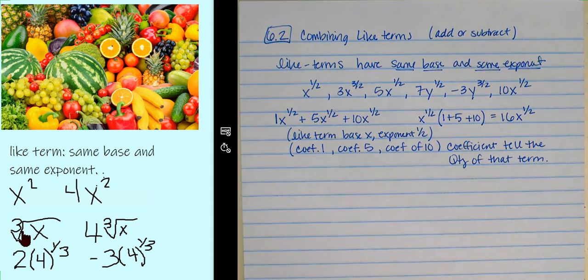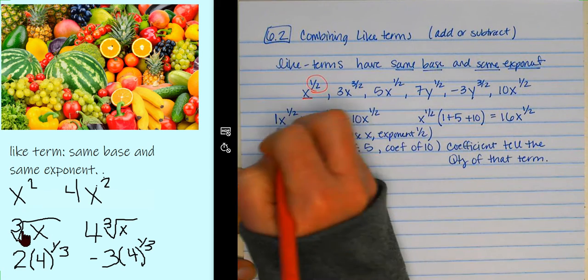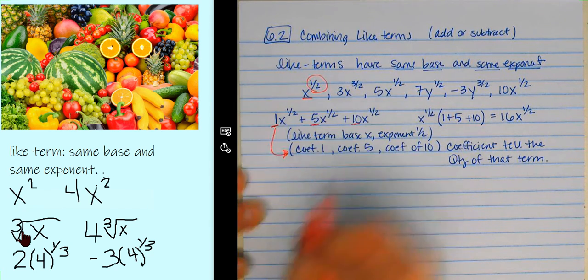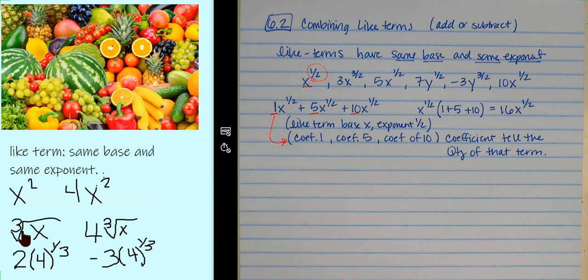Okay? So you need to be able to tell what the base is and the exponent, and you need to be able to tell the coefficient of those. Let's go through some of the examples so that we can make sure we're not confused about the fine points about this topic.